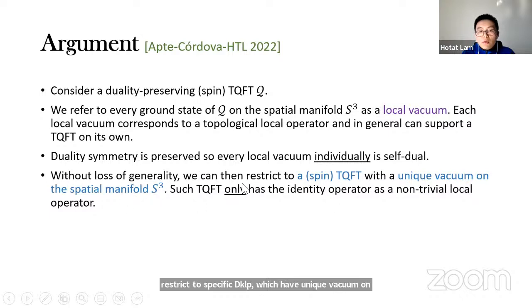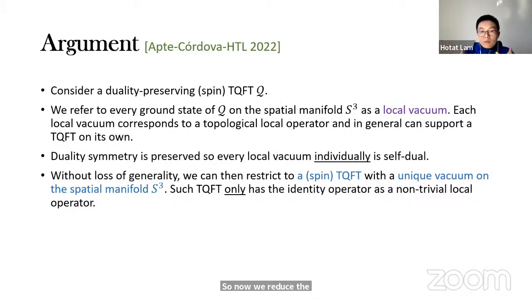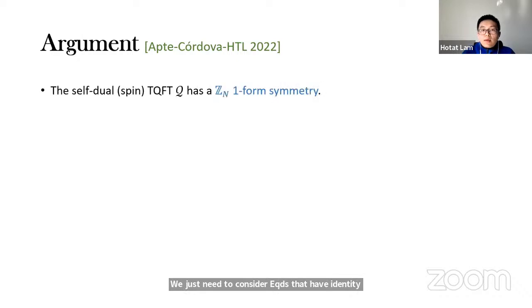For such TQFTs, the only non-trivial local operator in the theory is just the identity operator. Okay, so now we have reduced the problem to a simpler problem. We just need to consider TQFTs that have the identity operator as the only non-trivial local operator. Okay, good. So now let me go to the next proof. Now let's go to the next steps. I'm going to make use of the ZN1 symmetry of the self-dual TQFT.